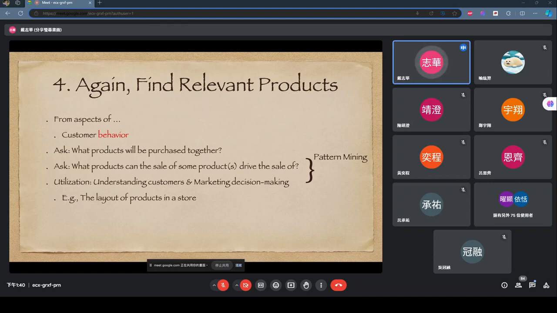And actually, pattern mining is the most, we cannot say it's the most difficult. Actually, the most difficult, from my point of view, would be the clustering problem. The challenge of pattern mining is that you need to know what kind of pattern you want to extract.